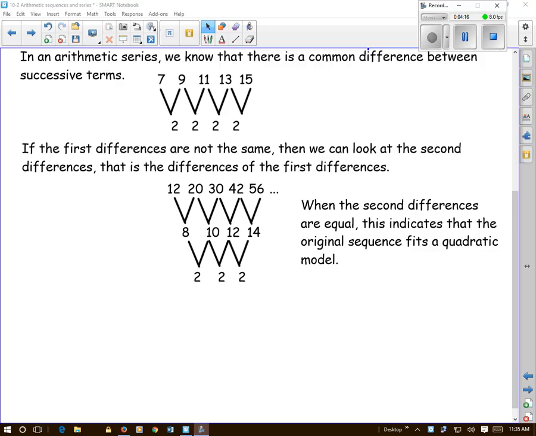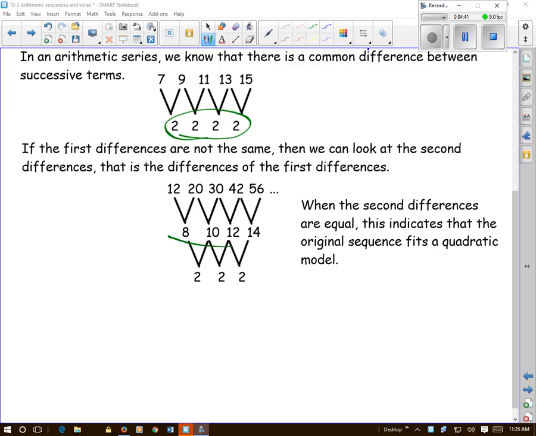So if we have 7, 9, 11, 13, 15, the common difference is 2. What if you look at a series and you don't have a common difference? Well, first of all, that tells you that it's not arithmetic. Here we have 12, 20, 30, 42, 56.